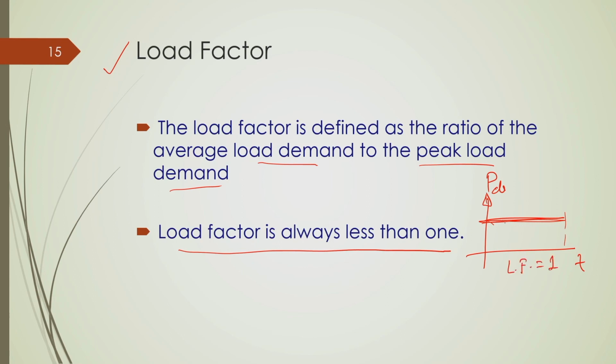Under this condition your average demand equals peak demand, but this is a hypothetical load characteristic which does not exist. That is why load factor is always less than 1.